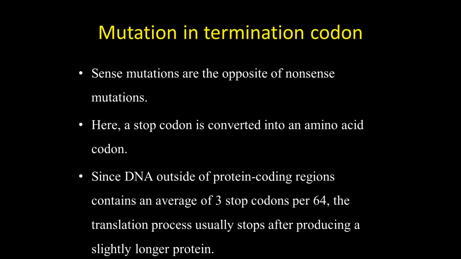Any mutation which substitutes one base in the gene by another leads to converting a stop codon into a sense codon, which codes for an amino acid. Hence, protein synthesis continues even after the point where chain termination should have taken place. There is a stop codon in the chain and the chain has to terminate, but because the stop codon has been converted into a sense codon, the protein synthesis will continue further.